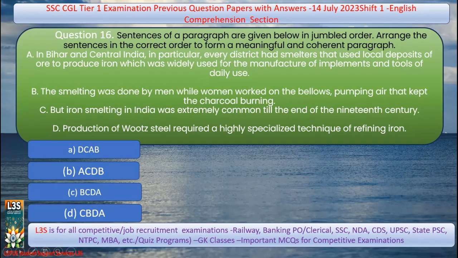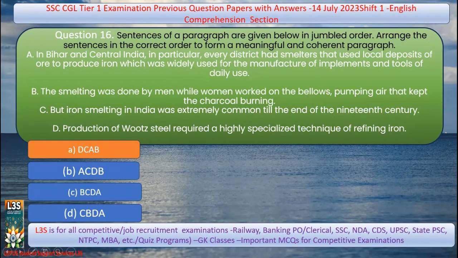So the correct option here is D, C, A, B. D, production of wood still require a highly specialized technique of refining iron, but iron smelting in India was extremely common till the end of 19th century.